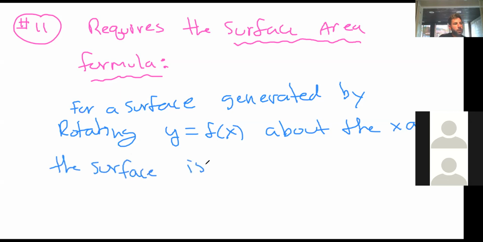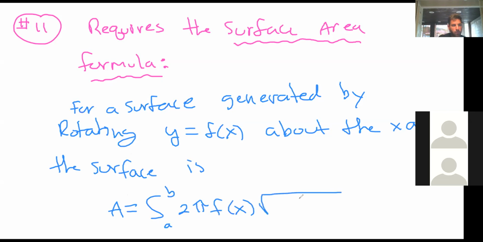the surface area is the integral from a to b wherever we start. And this has some similarities to our previous formulas, but it's different. You'll see the arc length piece in there.